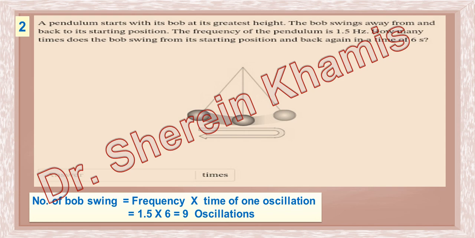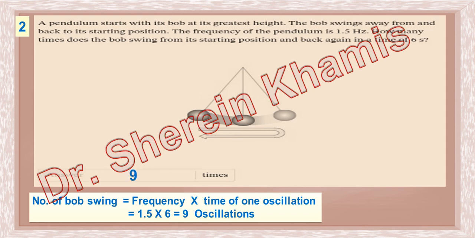If we want the number of bob swings, we have the frequency times the periodic time. Periodic time means the time of one oscillation. So we have 1.5 hertz times 6, and we get 9 oscillations.